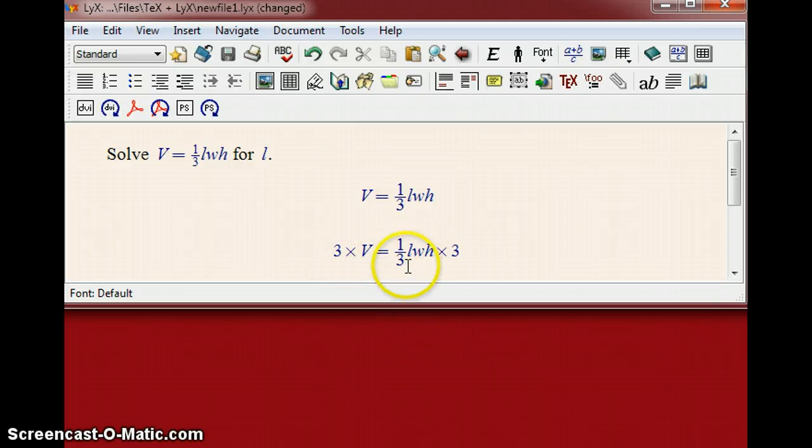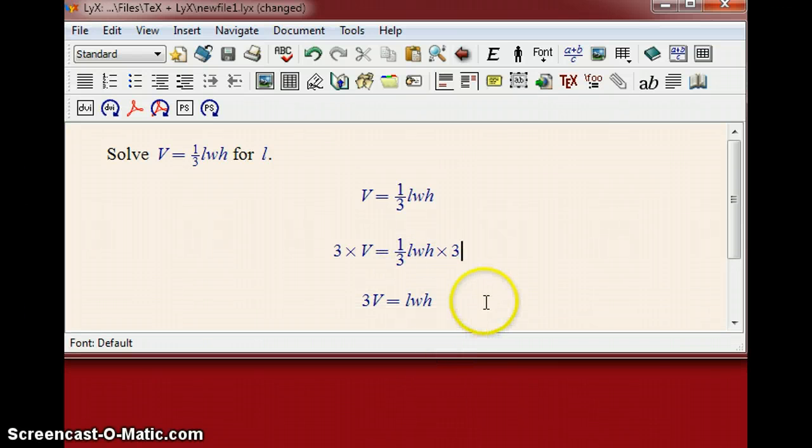Over on the right side I have 1/3 of something times 3, and then 1/3 times 3, since order doesn't matter here. If I go ahead and do 1/3 times 3, I end up with just 1. So those, in effect, cancel away. I'm left with 3V on the left and LWH on the right. So there I have that.